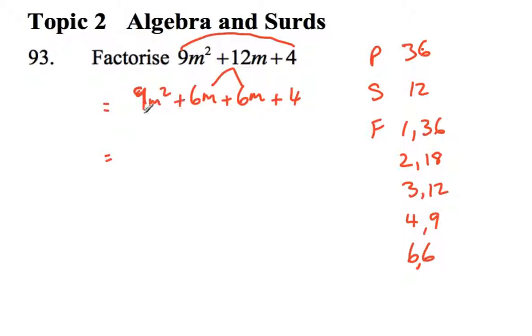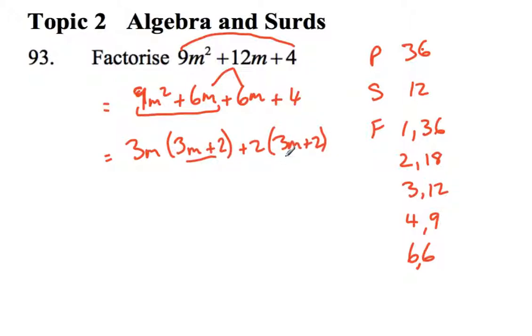The biggest thing that can go into the first pair is 3m, which we'll need to multiply by 3m plus 2. Biggest thing that can go into there is 2, and that will be 3m plus 2, creating an identical bracket there and there. And we've seen this rule a number of times.